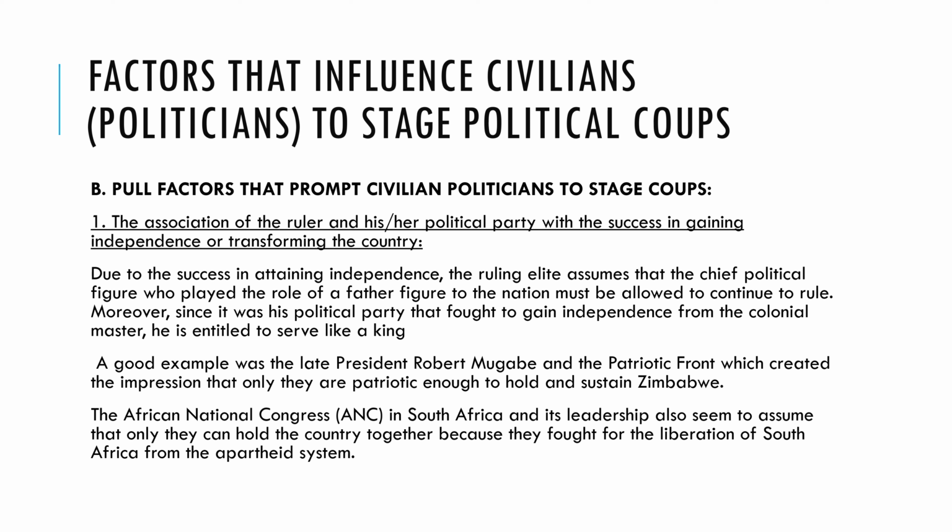Likewise, the African National Congress in South Africa and its leadership also seem to assume that only they can hold the country together because they fought for the liberation of South Africa from the apartheid system.